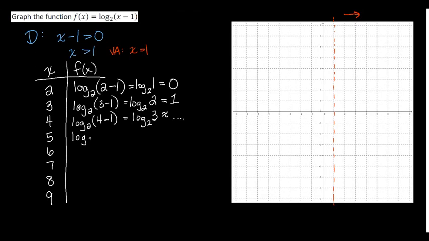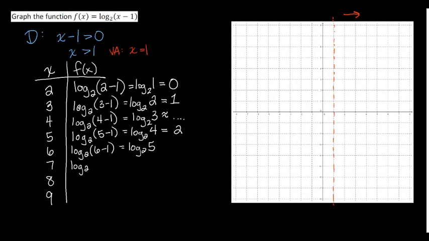When we get to 5, however, 5 minus 1 gives us log base 2 of 4, and that is equal to 2. So I can say from here that log base 2 of 3, the prior one, is going to be somewhere between 1 and 2. If I continue on with this, 6 minus 1, log base 2 of 5 gives me a decimal.